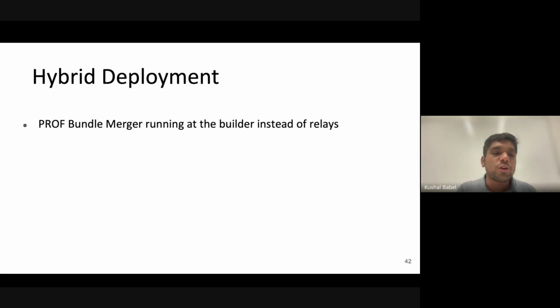So the PROF bundle merger, instead of running at the relay, runs at the builders, and the relay remains unchanged. Optimistic relays can continue to just get the block from the builder and send it to the validator, but the enrichment is happening at the builders now. And of course, builders are not trusted entities. In that case, you definitely want the PROF bundle merging to happen inside a TEE.